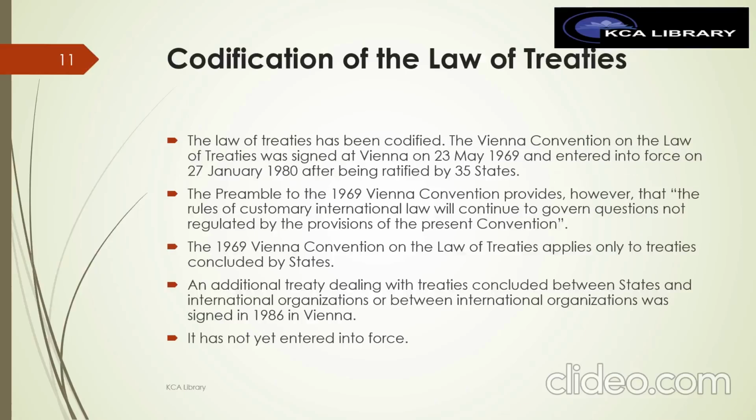So let us look at codification of the law of treaties. The law of treaties has been codified. For example, the Vienna Convention on the Law of Treaties was signed at Vienna on 23rd May 1969 and entered into force on 27th January 1980 after being ratified by 35 states.